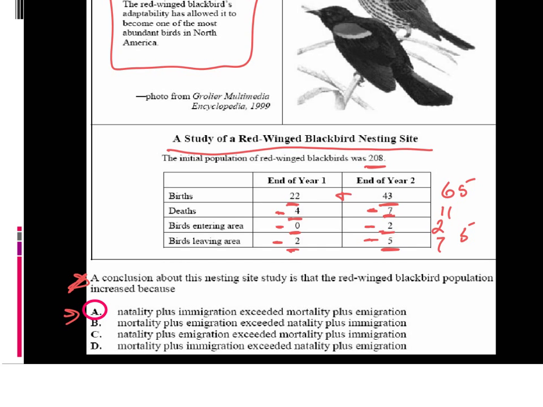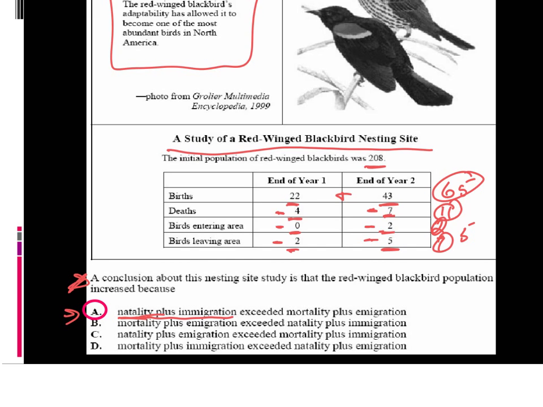So we can see that natality, our birth rate, plus immigration exceeds, so this 65 plus this 2 is greatly exceeding the 11 plus this 7. We can cancel out B, because mortality plus emigration exceeds natality? No, it doesn't, because 11 plus 7 is not greater than 67 total.